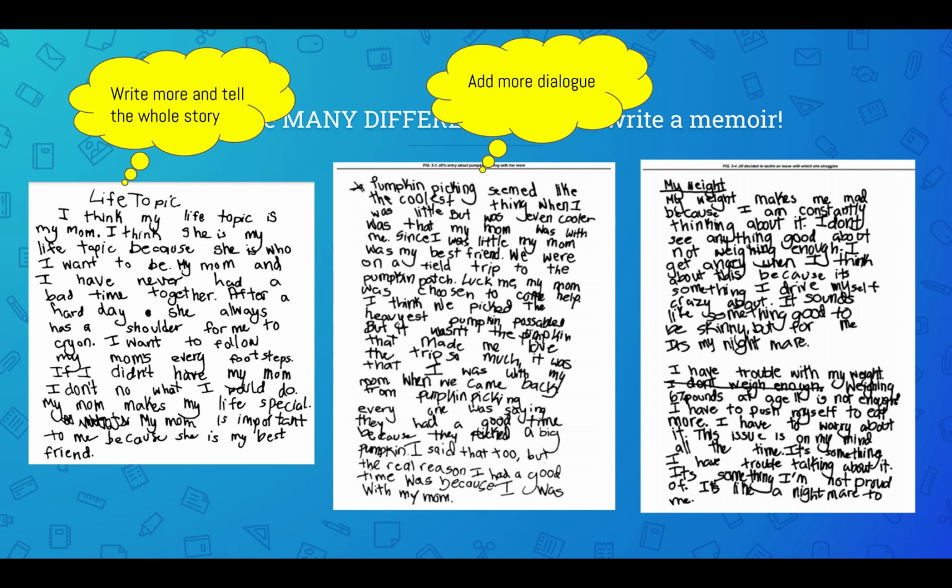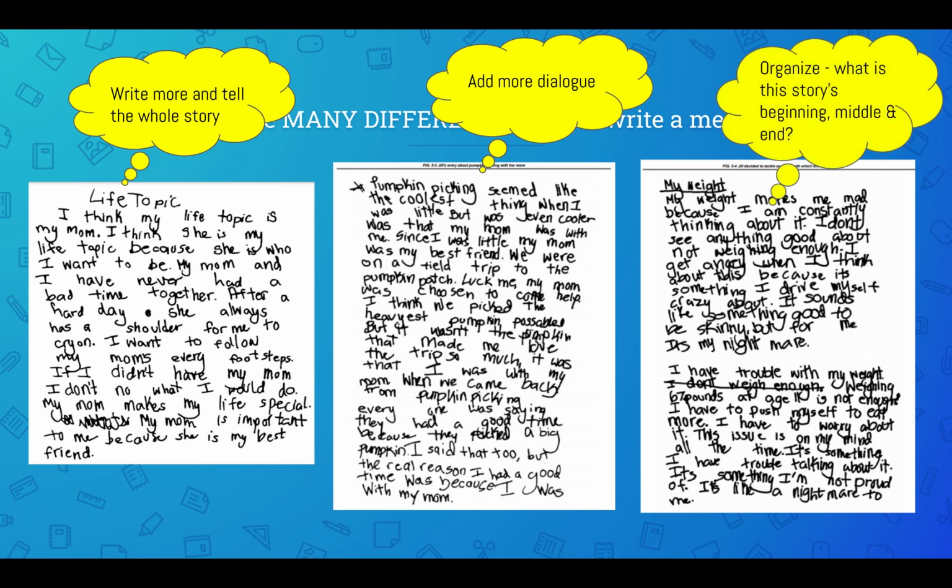hear their actual words. And this last one about her weight, I think she really wrote it from the heart, and she really used a lot of sensory details. She used a lot of examples. One thing that I think would make this even stronger is if we organized it. So if she gave this story a beginning, a middle, and an ending, right?